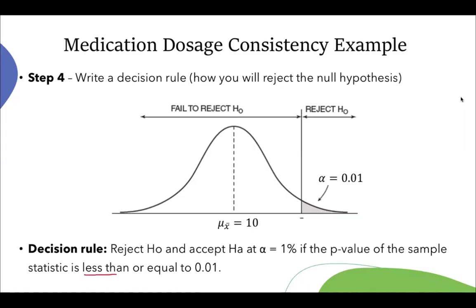We still want a p-value to be less than 0.01, because in order to reject the null hypothesis, in order for our test result to be significant, we need to have an X bar that is significantly further to the right of 10, which is going to result in a p-value that is smaller than 0.01. We need it past this vertical line.